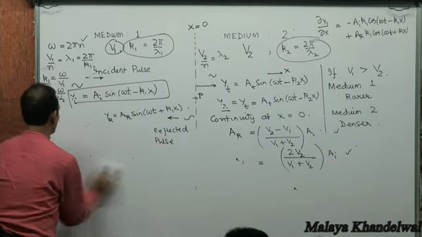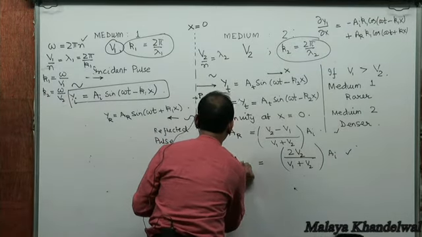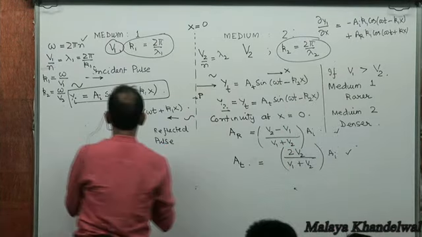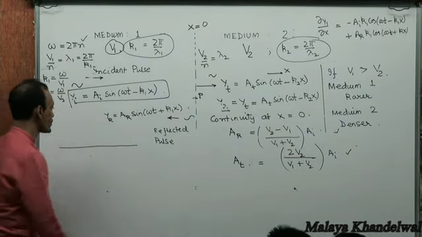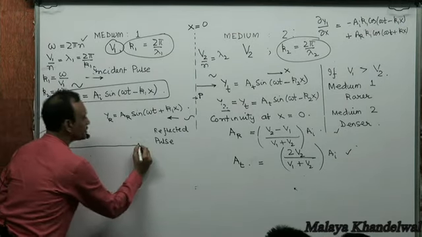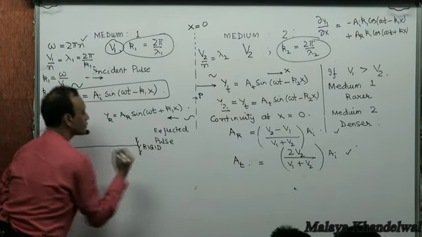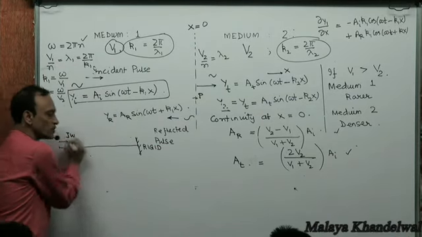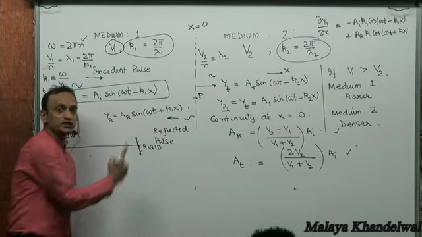Now, let me also explain to you that there is a rigid support, and there is an incident wave, IW, a transverse pulse, and there is a fixed end, which is like a rigid support.